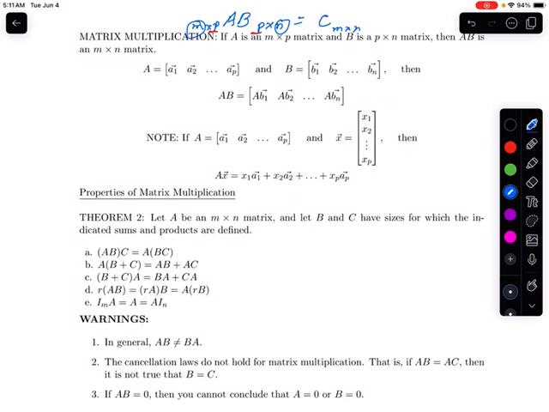Now, the way we can think of matrix multiplication, if you recall, is in vector notation.